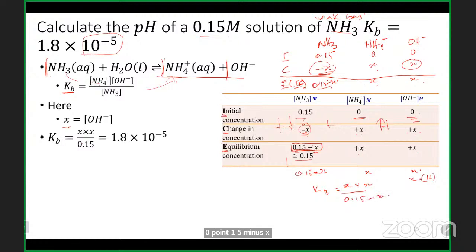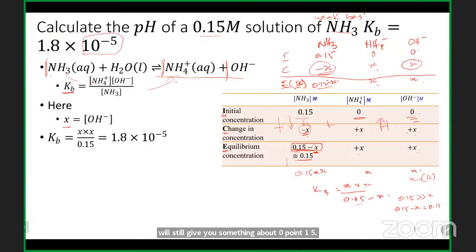Usually, all of this is born out of several observations. For weak acids and weak bases, in most cases, not in all cases, the X is small compared to the initial concentration. So 0.15 is so much greater than X that 0.15 minus X will still give you something about 0.15.